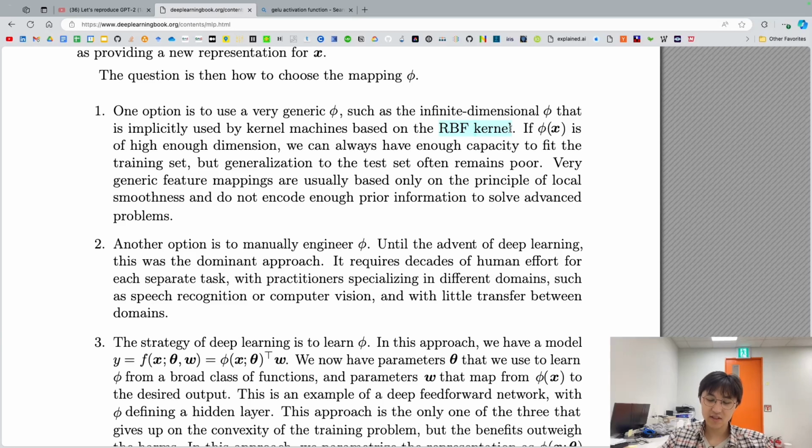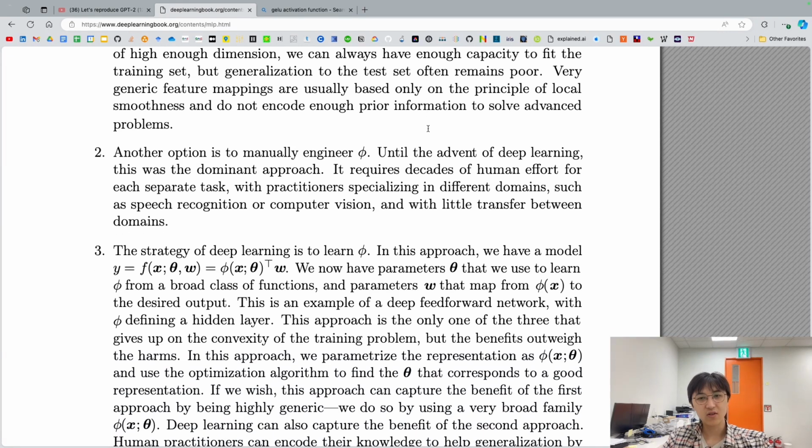So we said, okay, let's introduce the strategy of deep learning. Let's give deep learning the job of defining this phi function, the transformation function, and we will give it these weights and biases.